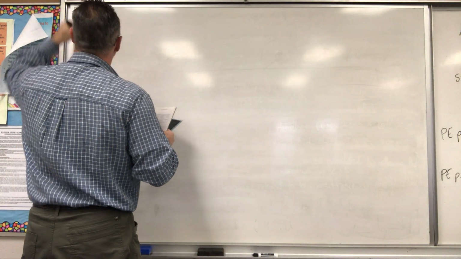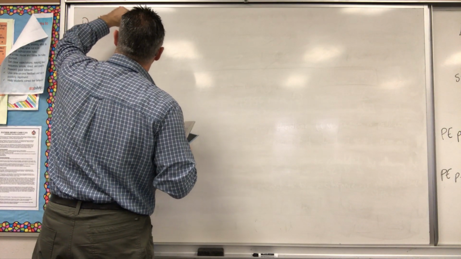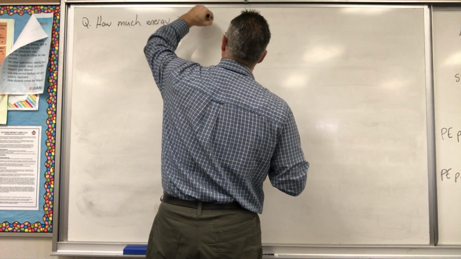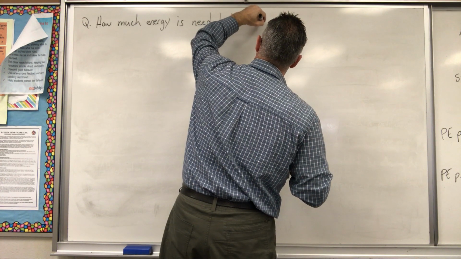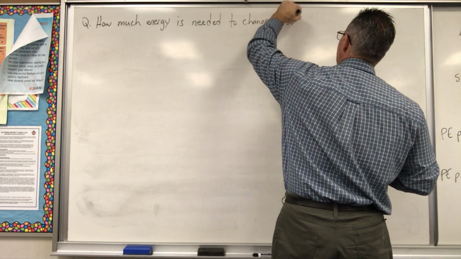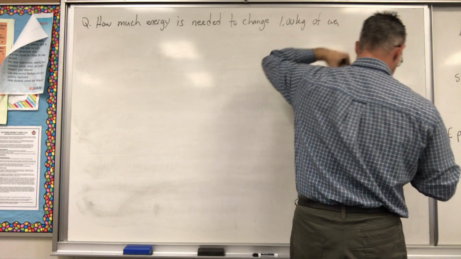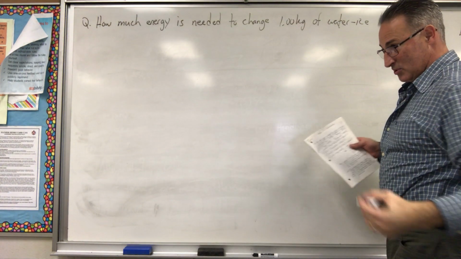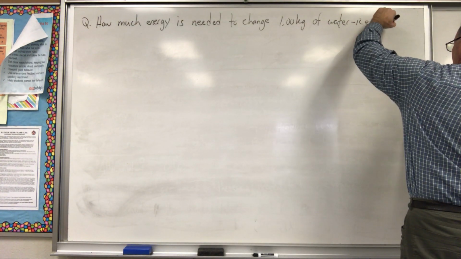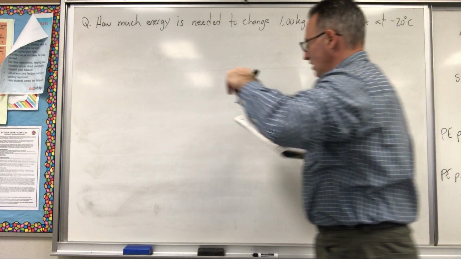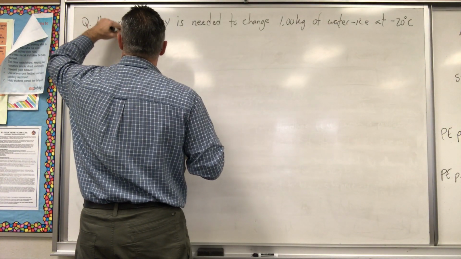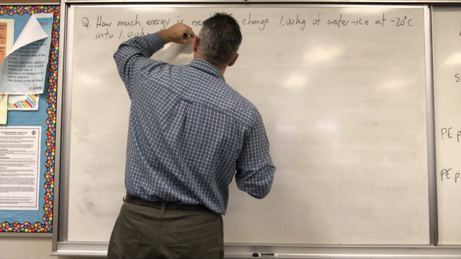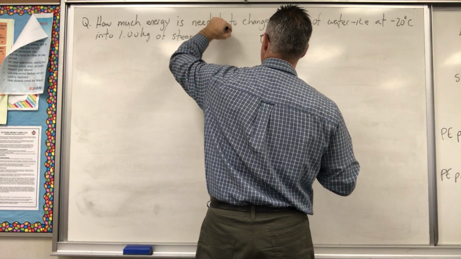Question: how much energy is needed to change 1 kilogram of water ice, because you can have ice from other chemicals, it doesn't have to be only water, at negative 20 degrees Celsius into 1 kilogram of steam at 100 degrees Celsius.